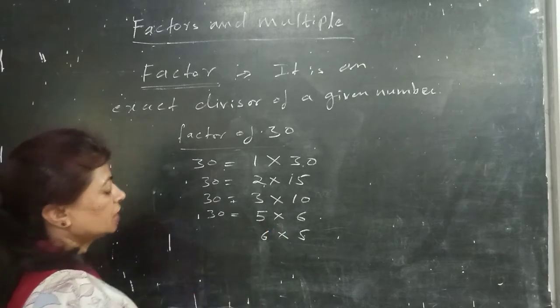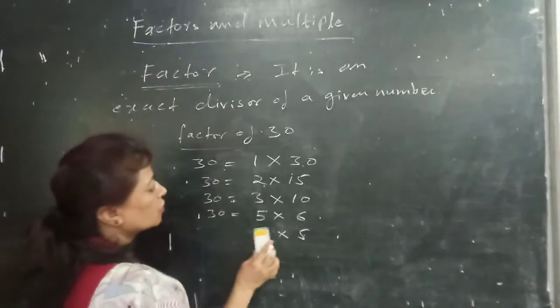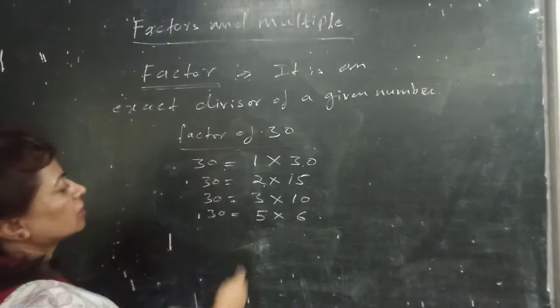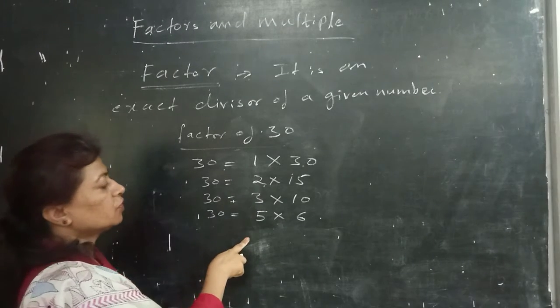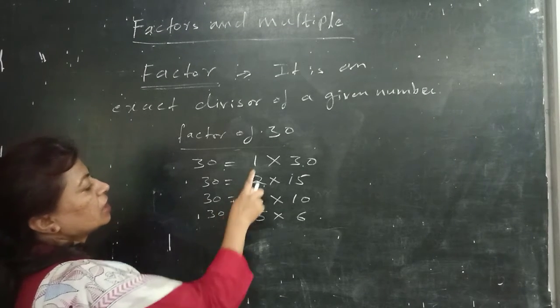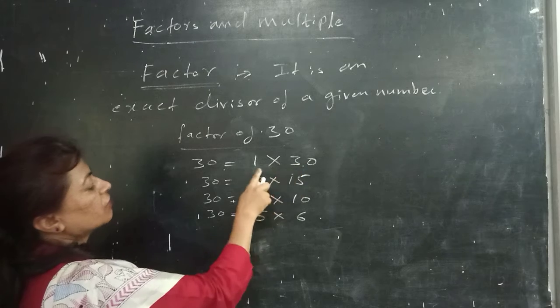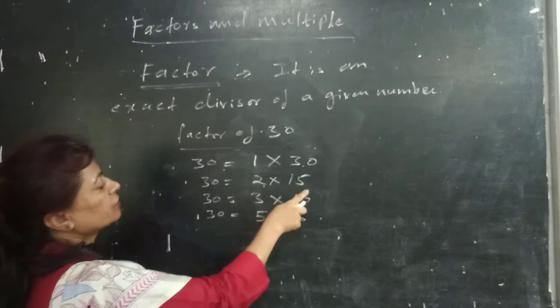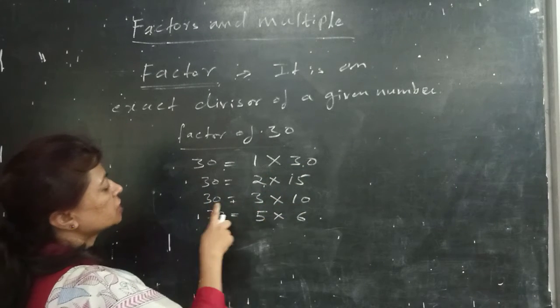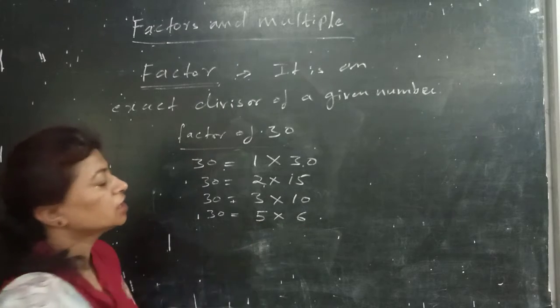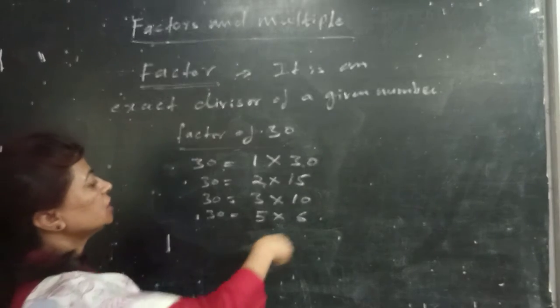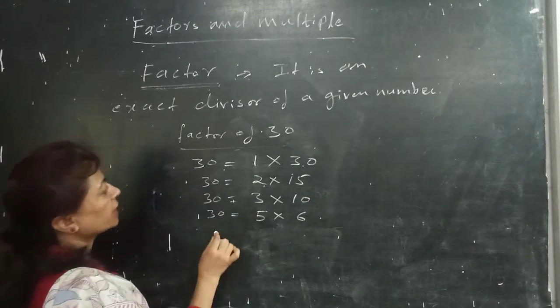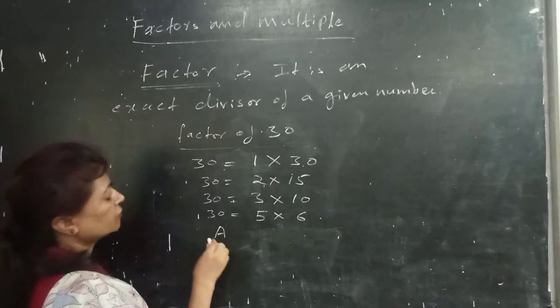These numbers have started repeating. So we will take these multiples only. 1 into 30 is giving 30, 2 into 15 is giving 30, 3 into 10 is giving 30, 5 into 6 is giving 30. So from these cases, we are getting all the possible factors of 30.